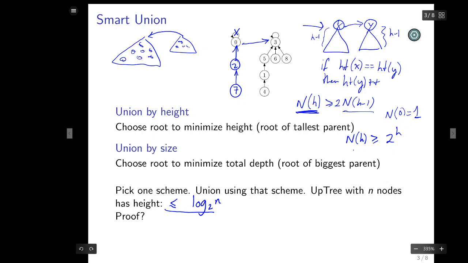And so any tree that has height h and has n nodes, that n is bigger than the smallest tree that has height h in terms of number of nodes, which is greater than or equal to 2 to the h. And then we just take log of both sides of that equation, and we get that its height is smaller than log base 2 of n.